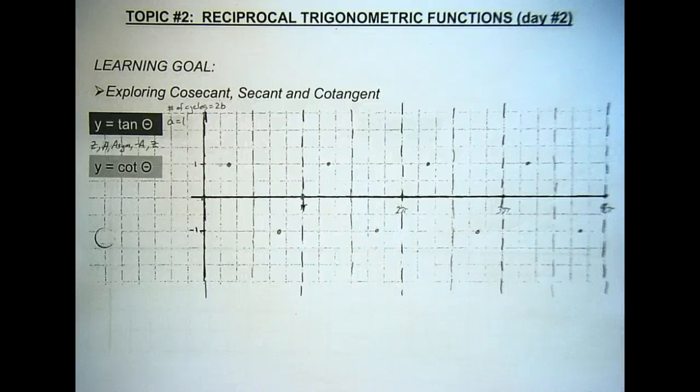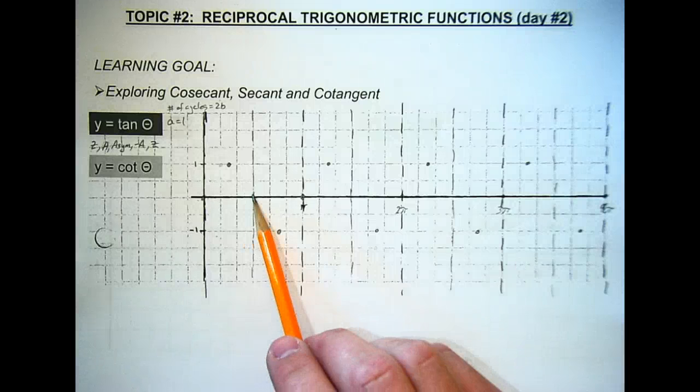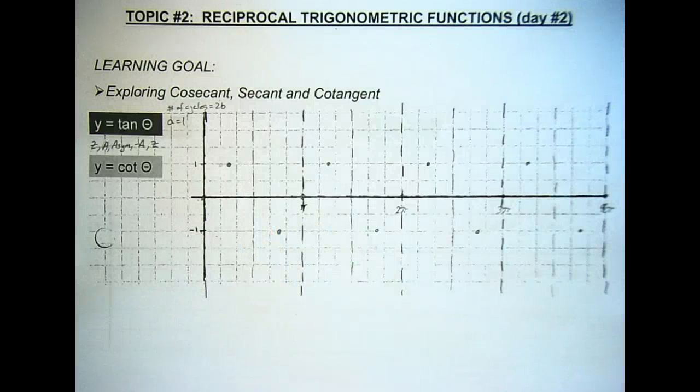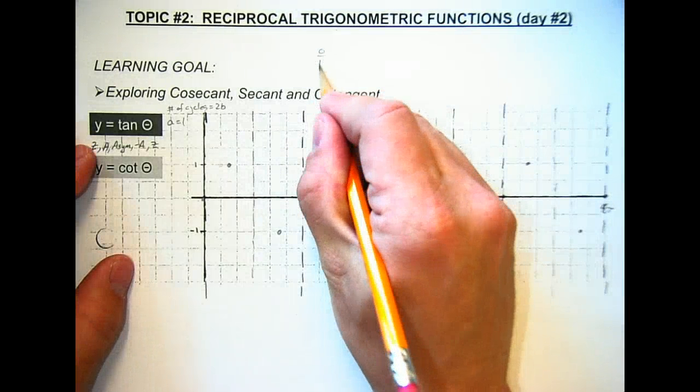All right. Now, can I get a volunteer to tell me where my zeros are for cotangent? On the other asymptotes. Good. Where you see an asymptote for tangent, that's a 0 for cotangent. Think about it: your 0 is whenever you have 0 over 1.